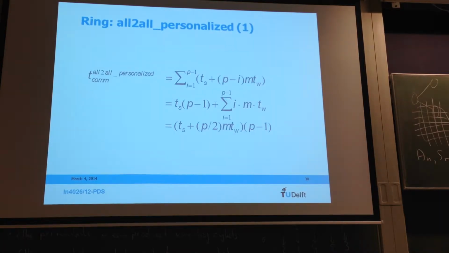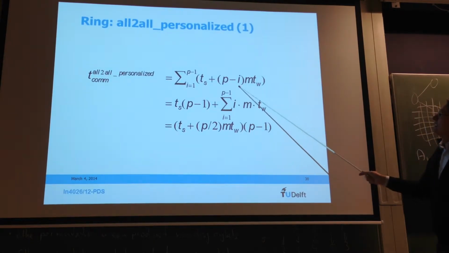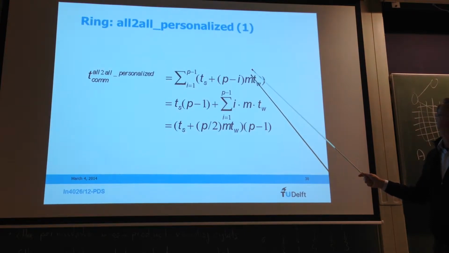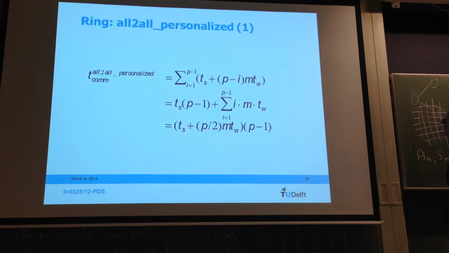which leads to this kind of formula, because we need one round of P minus 1 processors. So it's the sum of one step towards P minus 1, and every time the message size is decreased by 1. So if you sum that up, it leads to this formula, and then if we reduce it algebraically, we end up with this formula.